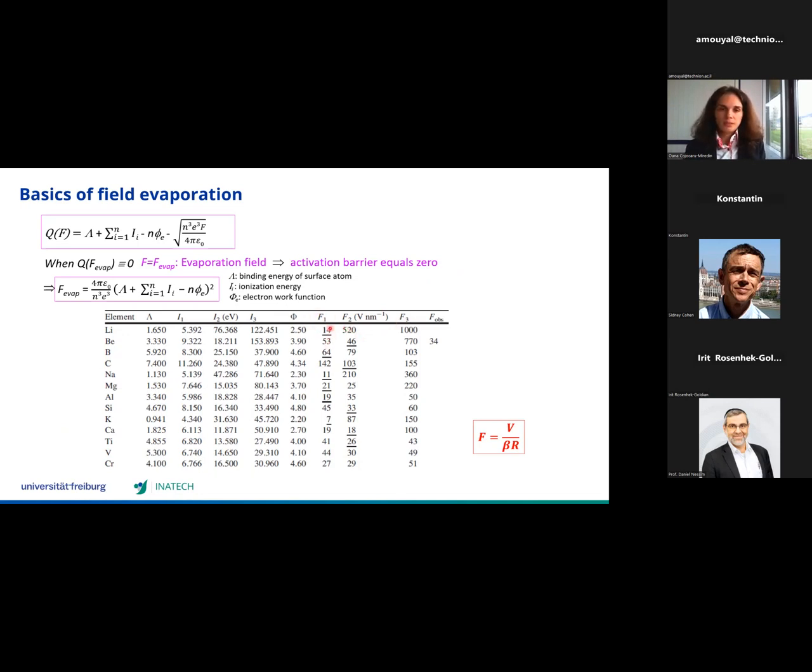We see that for lithium, the evaporation field for the single charge ion is much lower than for the double charge ion, and the difference is huge. It means that in a mass spectrum, we are mainly going to see lithium as a single charge ion. For beryllium, it's not the case.